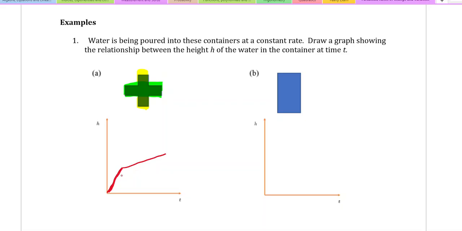So we want the gradient to match this first part, which would look approximately like that. Okay, so as I said, it's just an approximation of what it would look like. However, in part B, this is one rectangle the whole way, so that would be a constant rate the whole time. So it would start from being nothing in that rectangle, filling up at a constant rate, so a straight line, until it is completely full.